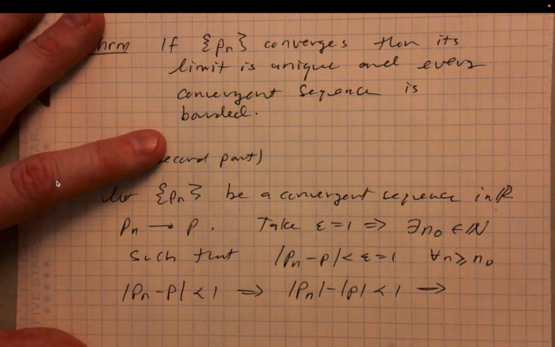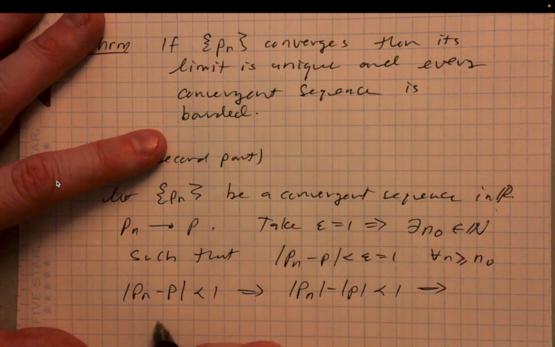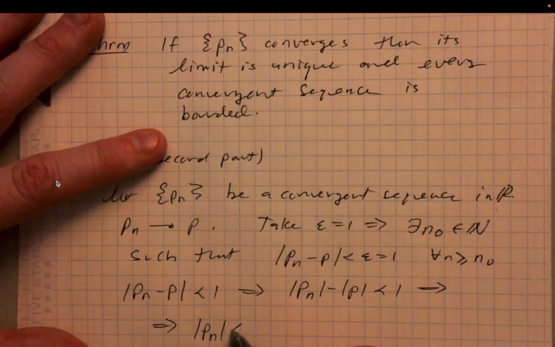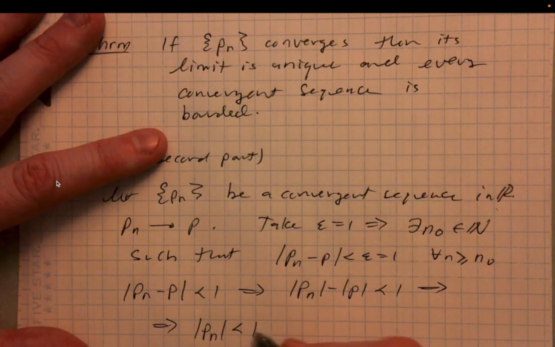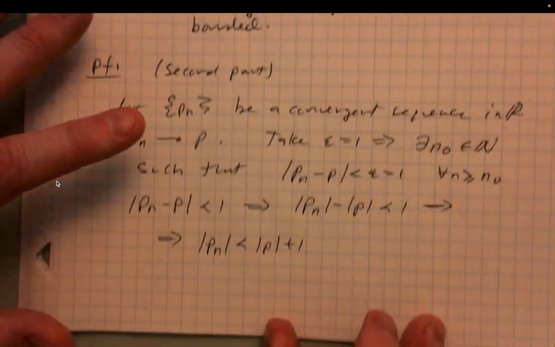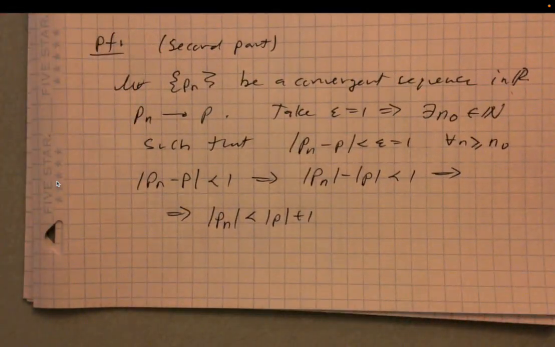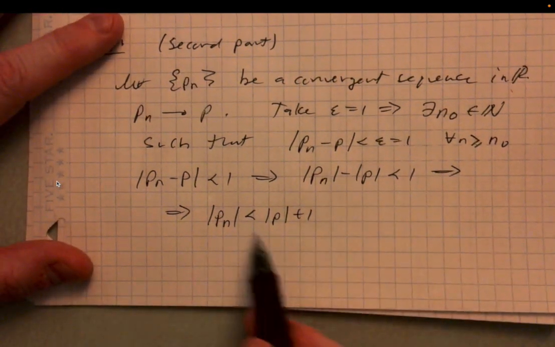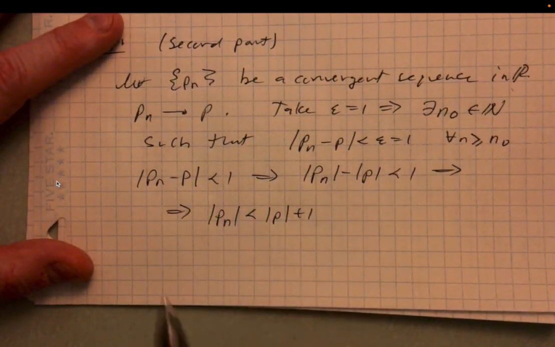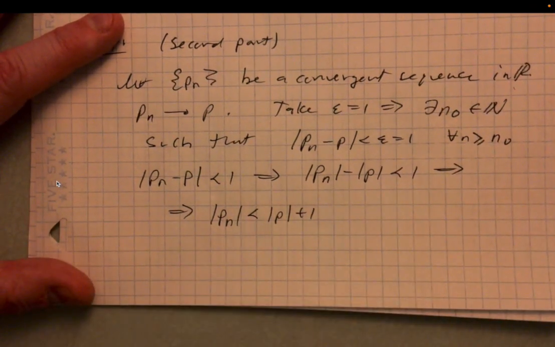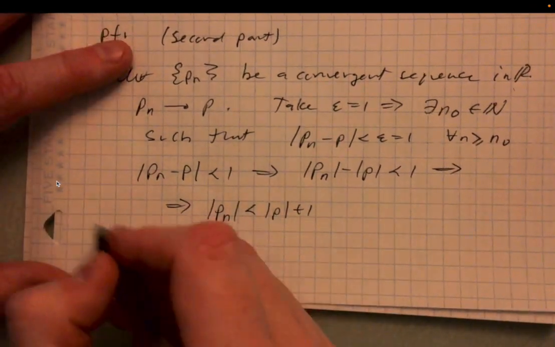And that's going to mean that the absolute value of P sub n is less than the absolute value of P plus 1, right? And so, using this fact that beyond this point we can't be larger than that, we can use this fact and the following to basically identify the bound.